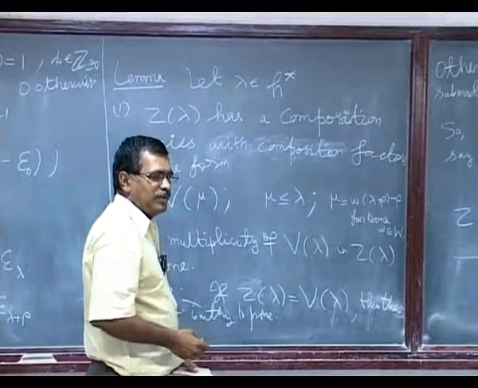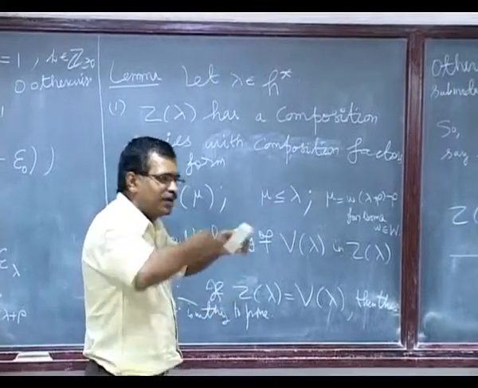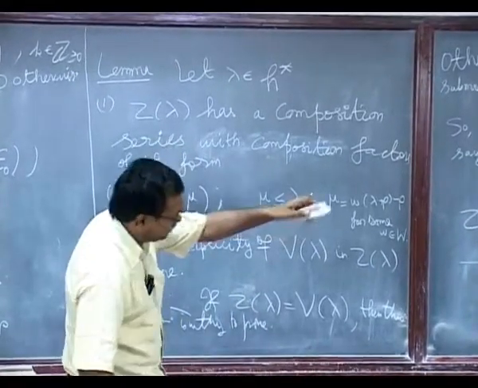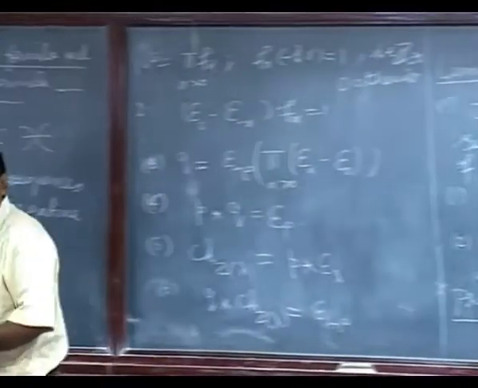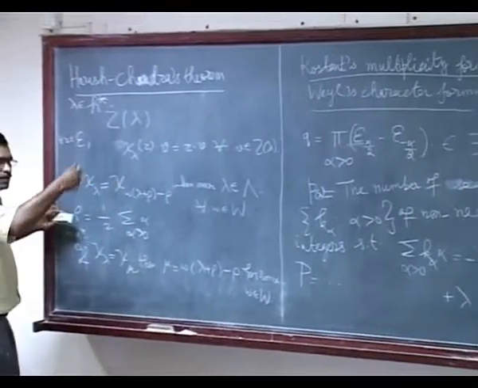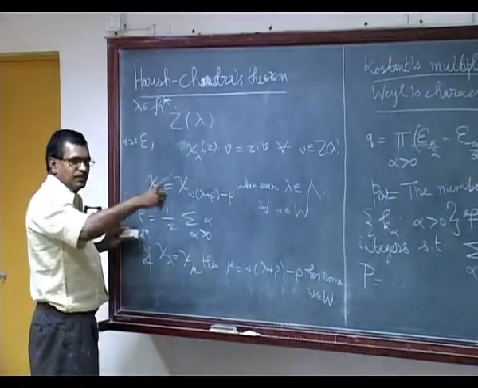I may not be using it only once, maybe every time I have to use Z mu and then V mu like that, because here what is written is only with mu, but I am writing Z mu. So, probably you have to use that also. Anyway, not only for lambda, every time for mu you have to use Z mu and V mu and the connection.